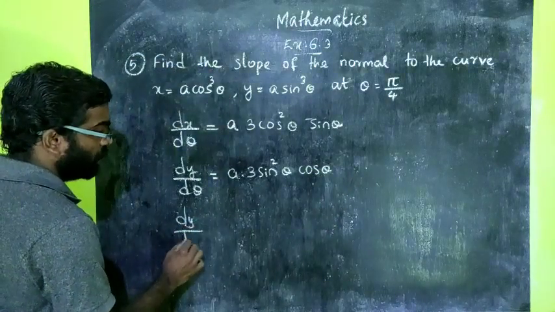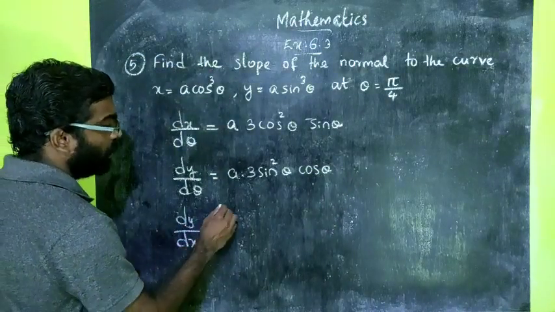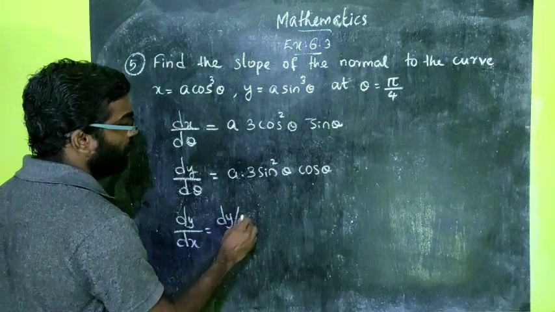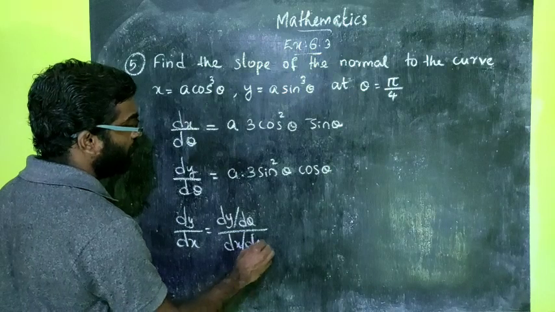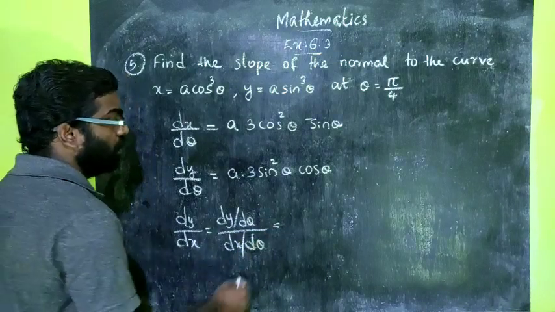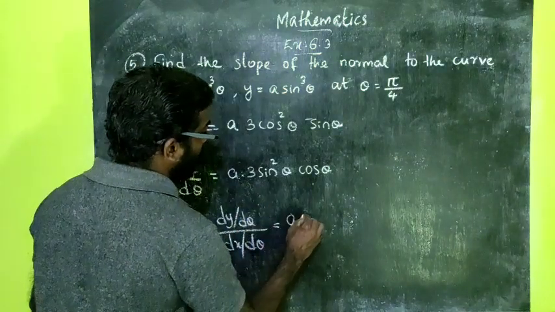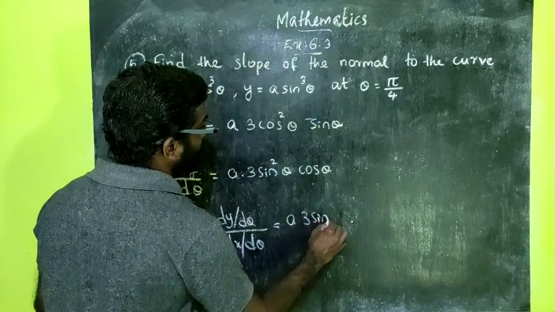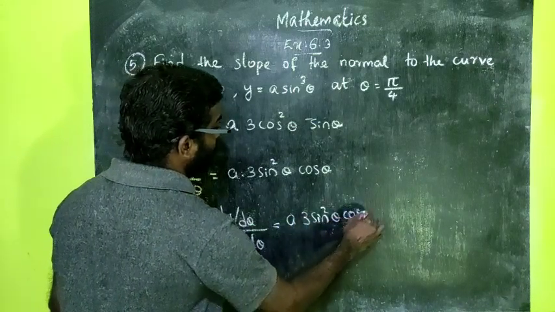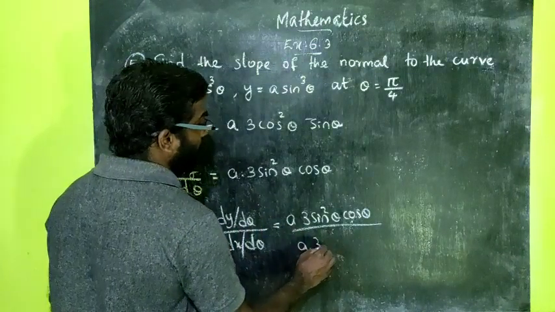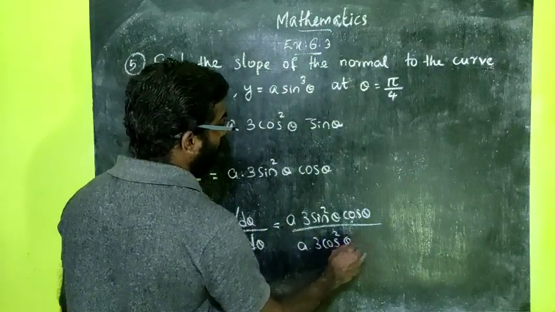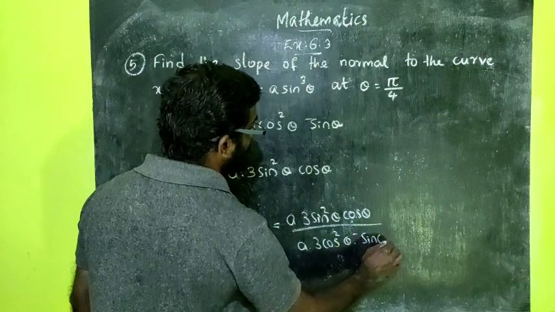And dy by dx is equal to, we know the formula, we already discussed, dy by d theta divided by dx by d theta, which is equal to, here we can replace the values, a into 3 sin square theta cos theta by a into 3 cos square theta into minus sin theta.